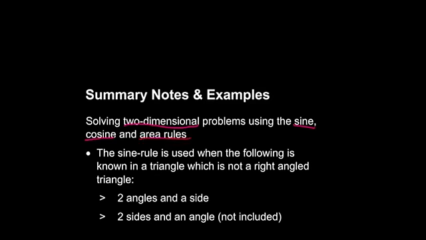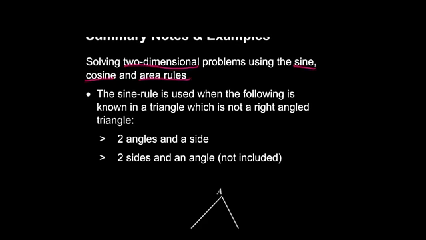Now, you should be very familiar with all of those, okay? Let's look at when and how to use the sine rule. It says here the sine rule is used when the following is known in a triangle which is not a right-angled triangle. Please take note that it is not for a right-angled triangle, all right?